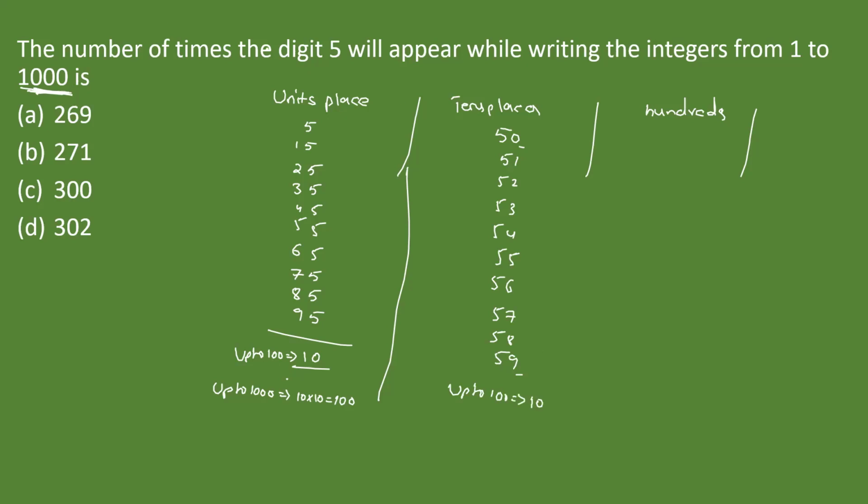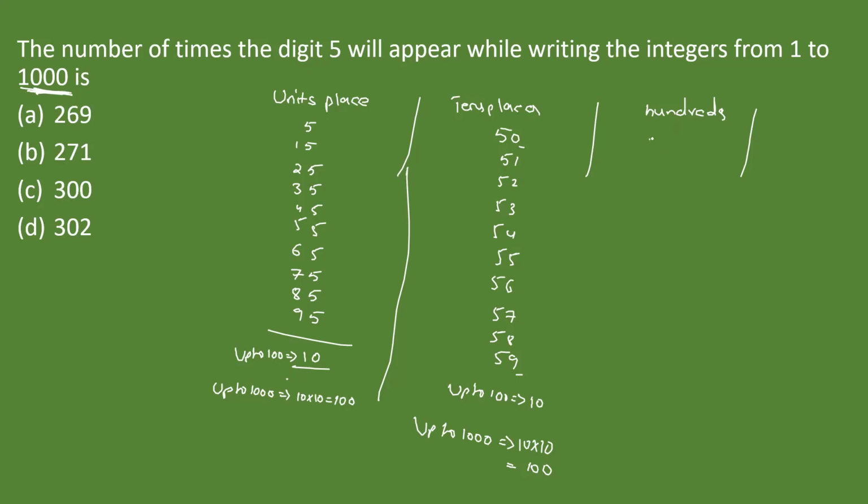But our case is up to 1000, so it becomes 10 into 10, which is 100. Did you get my point? Very simple. Why 10 into 10? Because 150, 151, 152, similarly 250, 251, 252 and so on, 350, 351 and so on, up to 850, 851 and so on, 950. Like this, we will have 10 different sets of 100, so I multiply 10 with 10.